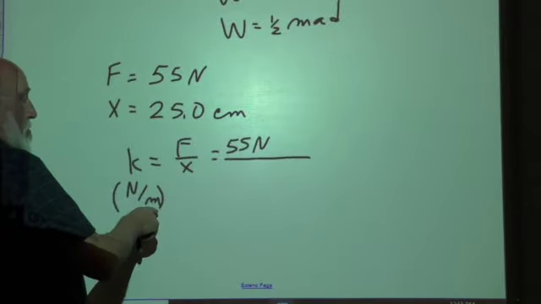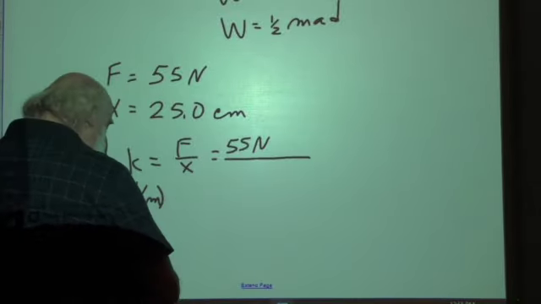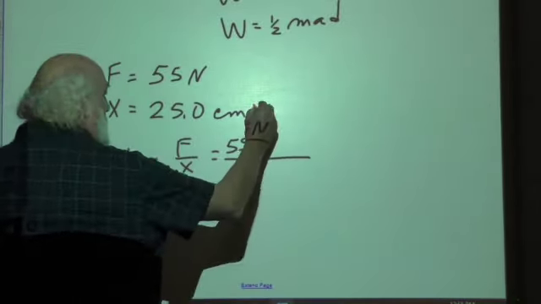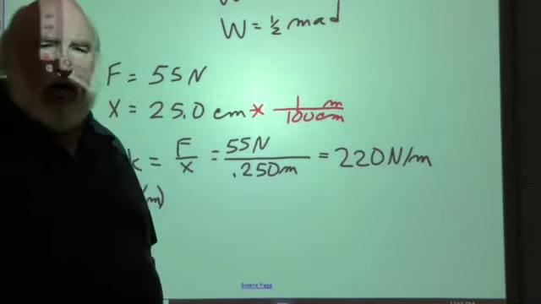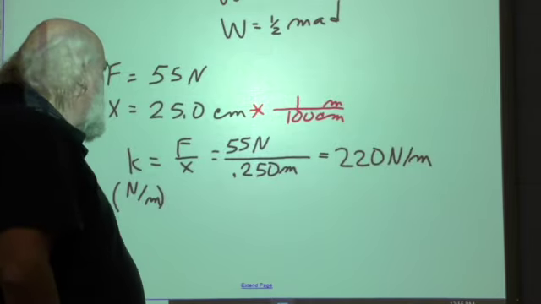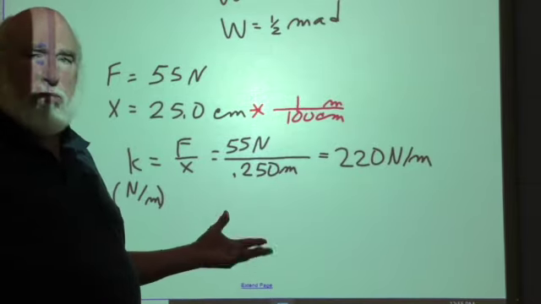But this is not written in meters, so we've got to change the centimeters to meters. So with centimeters on the bottom, meters on top. Meters is the larger label, centimeters 100. We divide that out, and we get 0.250 meters. Divide that out, and our answer is 220 newtons per meter. That is the rate constant or the spring constant for this. So the spring constant, 220, is about normal.